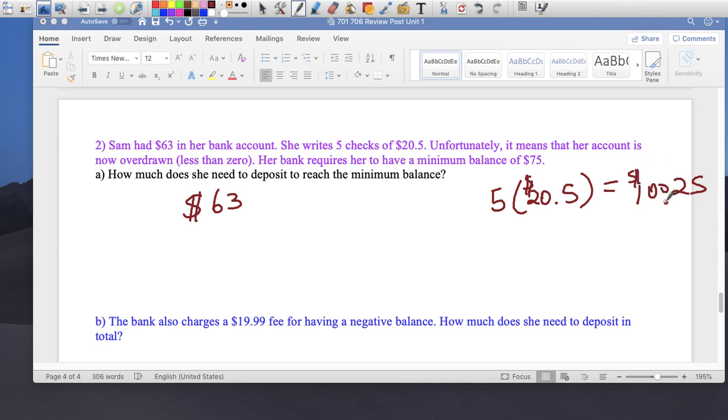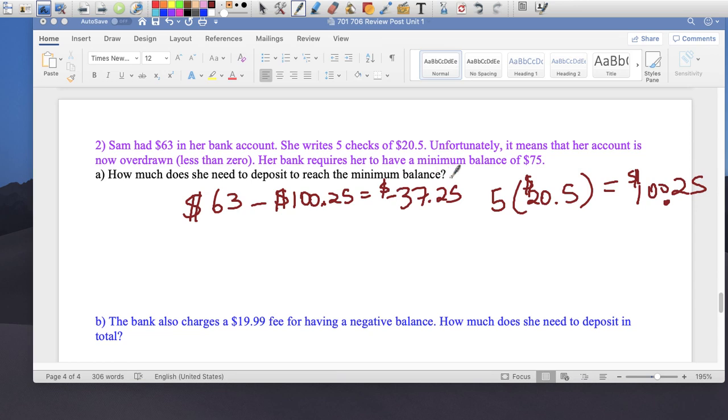So she writes 5 checks, and she doesn't have enough to cover. So let's write that: 63 minus 100.25 is going to give that she's now going to be negative 37.25.